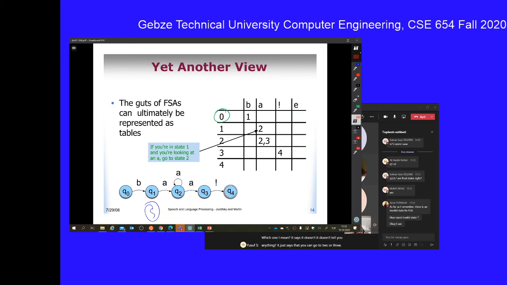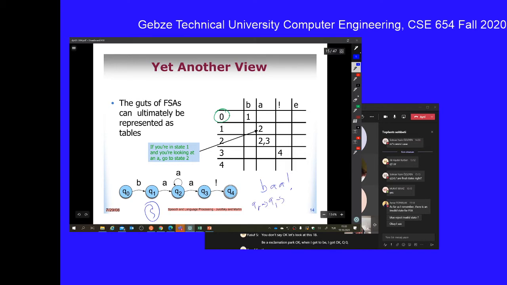Okay, it is your responsibility to make sure that you try all the paths. Okay, let's look at this one, B A A exclamation mark. When I get the B, I go to Q0, then Q1 when I get the A, and another A. Q0, I received B, Q1, I received A, Q2, and I received another A. I can stay at Q2 or Q3.